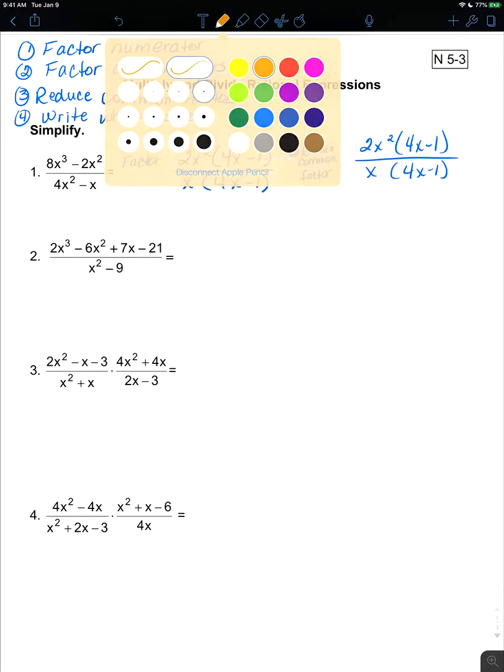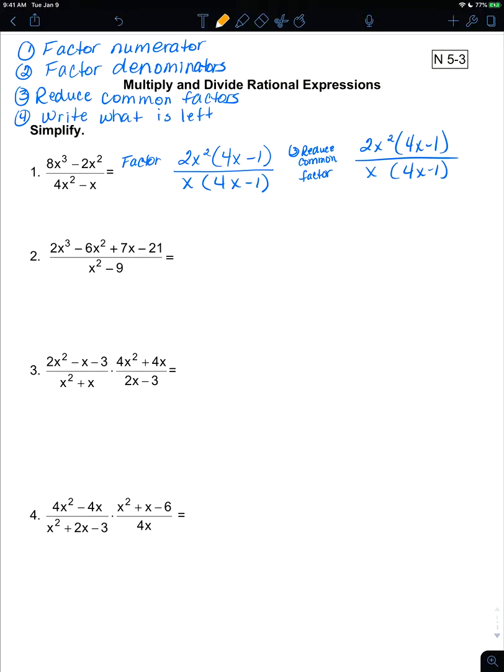Okay, so now when we talk about reducing any common factors, well look, we have a 4x minus 1 in a numerator, and we have a 4x minus 1 in a denominator. Well, anything over itself is 1. So we're just going to reduce those down to 1.